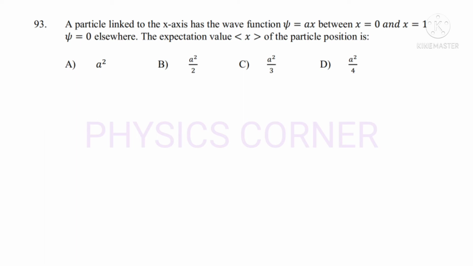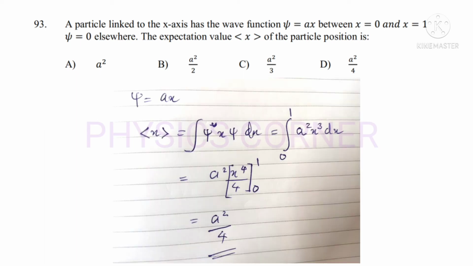It's a simple question. We have psi is equal to ax and we can find the expectation value of x as the integral of psi star x operating on psi dx. Okay, so here the limit is from 0 to 1 and we have a square x cube dx, right?